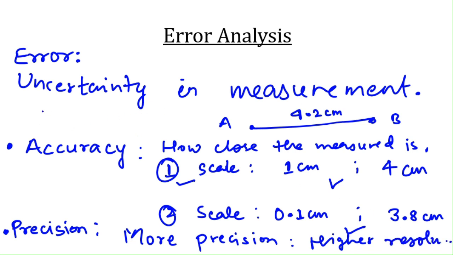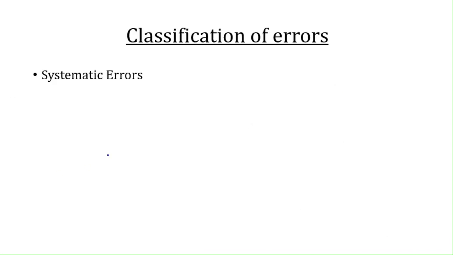Okay, now moving to the next point, classification of errors. Once we get that if we are measuring something, we are getting some errors, some uncertainty in measurement, we can classify these errors based on their origin. And here we have two broad categories. One is systematic error and another is random error.